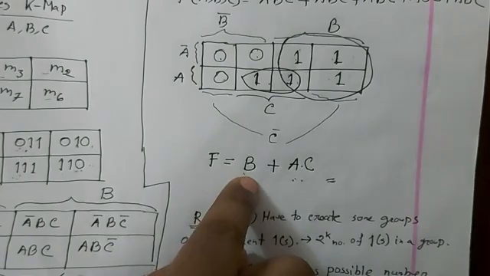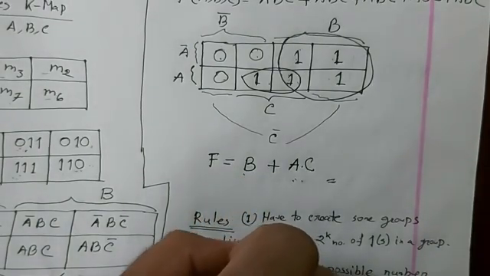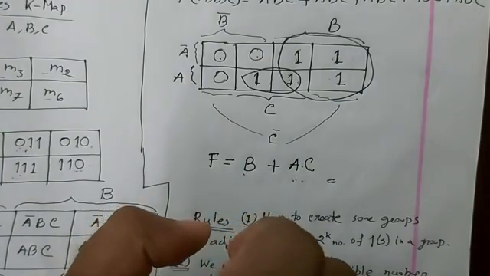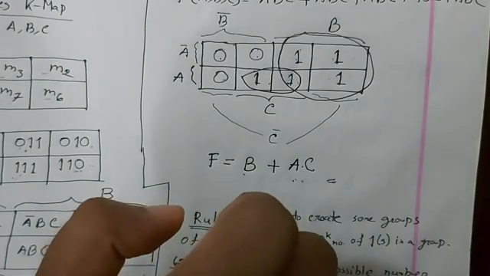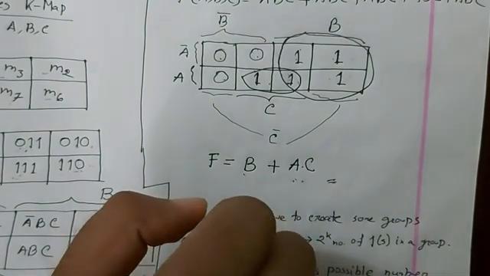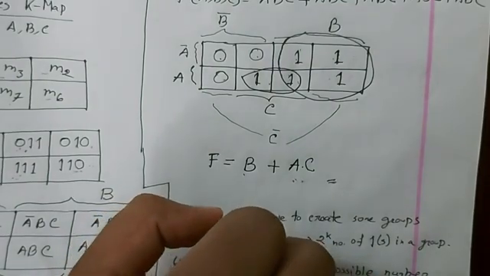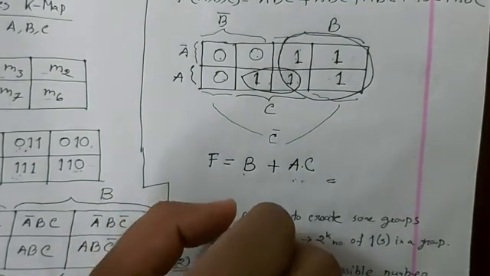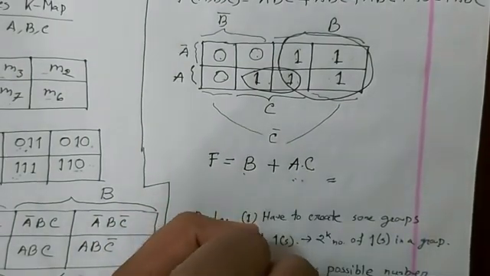So that's why we always try to make the biggest possible group. This was rule number 3. So hopefully you got why rule number 2 and rule number 3 are like that, so that ultimately we get the most simplified form of an equation.